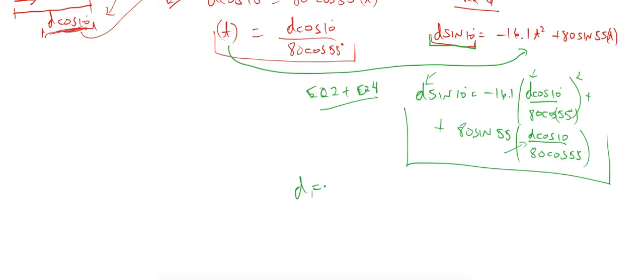We have cosine 10 divided by 80 times cosine 55, and this is squared. Let me just double check my work here. All right, makes sense. I just got a pretty small number for some reason for one of the coefficients.